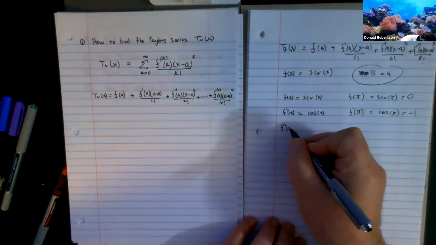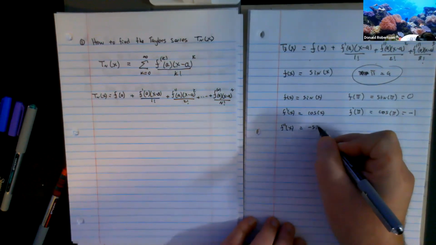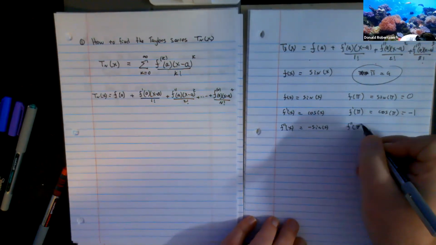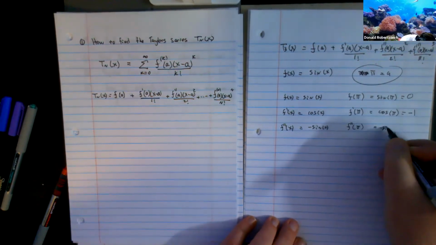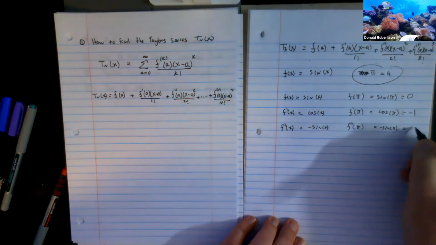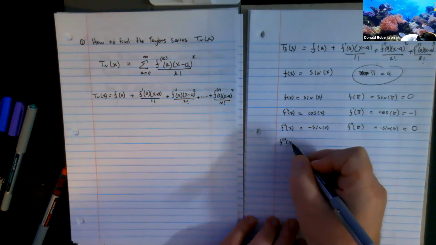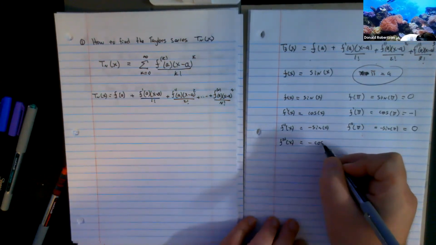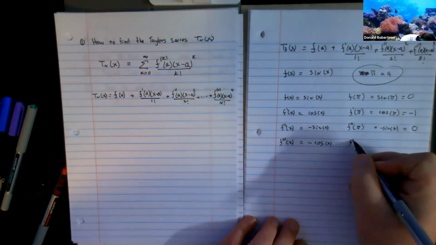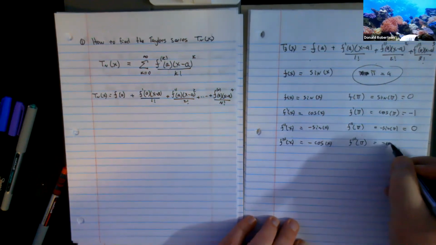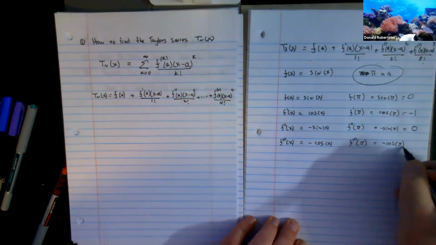Second derivative then becomes negative sine x. In this case, the second derivative at pi is negative the sine of pi, which basically means it's 0. And the third derivative is negative cosine of x. And the third derivative at pi is negative the cosine of pi, which is +1.